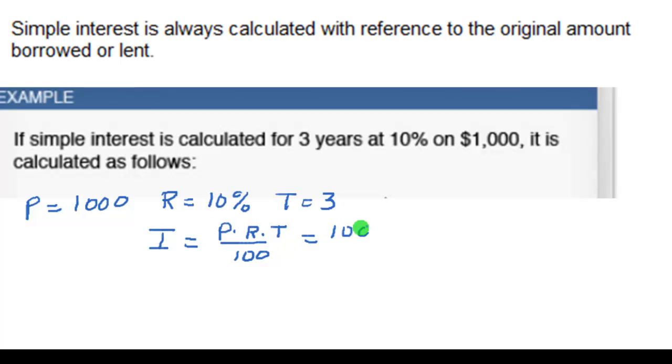So 1,000 times 10 times 3 over 100. Reducing here, we get 10 times 10 times 3. 10 times 10 is 100, times 3 is 300. So this tells us that in simple interest, the interest earned when you have $1,000 put away at 10% for 3 years would be $300.